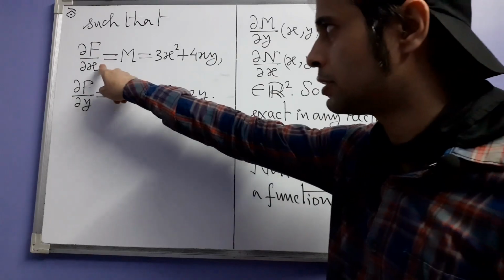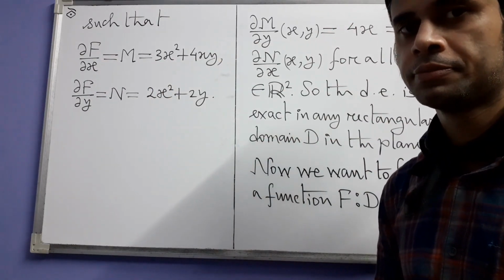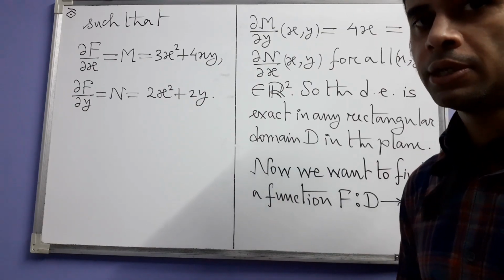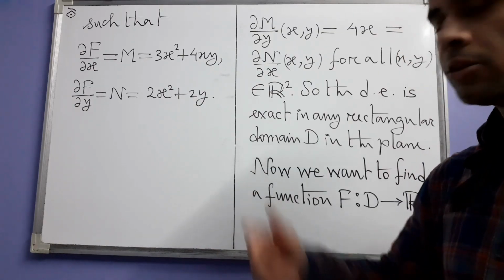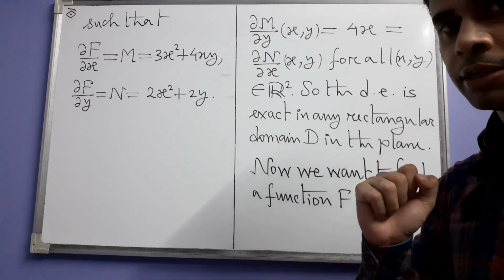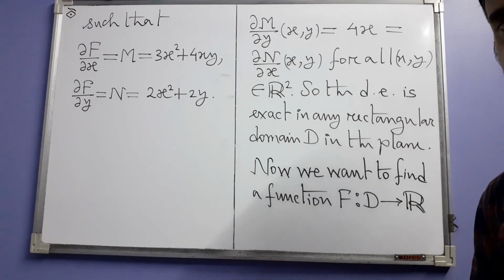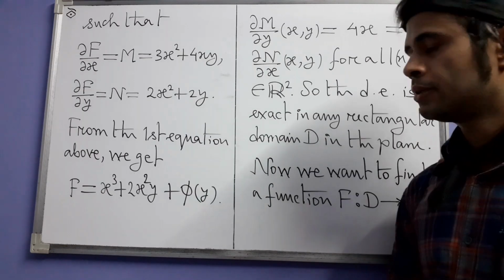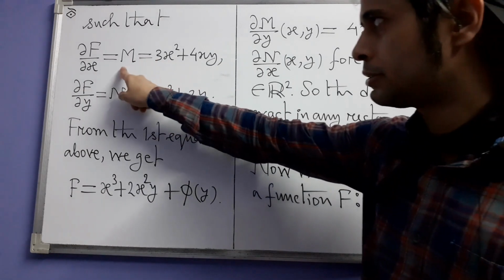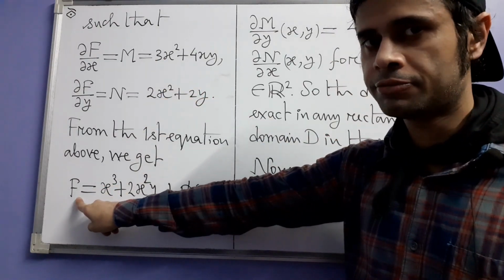You integrated both sides of this first expression partially with respect to x. So here also we are going to do that, and then an arbitrary function of y will come. Recall that part, phi of y. So if you integrate both sides of this equation partially with respect to x, you will get f on the left hand side.